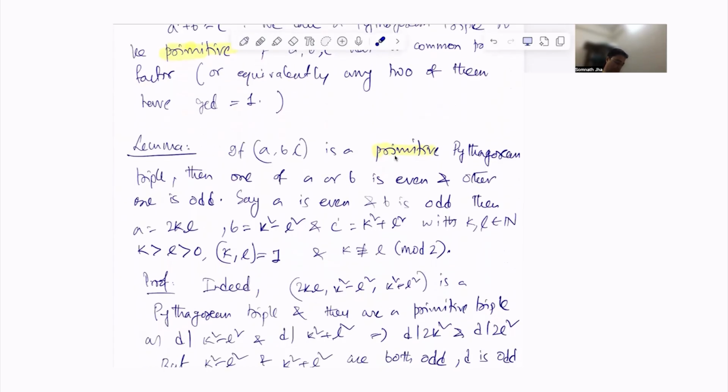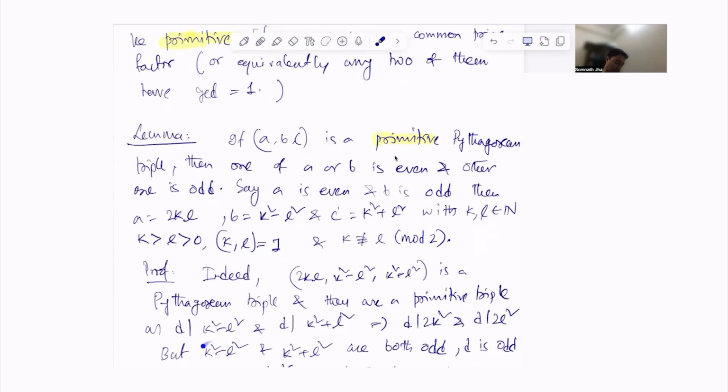You also have to check why you get a primitive triple. Because if D divides K squared minus L squared and D divides K squared plus L squared, then by summing them, D divides 2K squared and D divides 2L squared. But K squared minus L squared and K squared plus L squared are both odd, right? Since A is even, B is odd, so C is also odd. Exactly one of them can be even: both cannot be even because GCD is 1, and considering mod 4 with A squared plus B squared equal to C squared, A and B both cannot be odd.